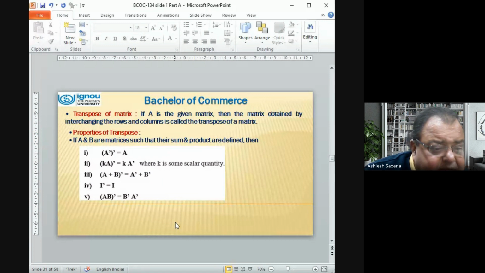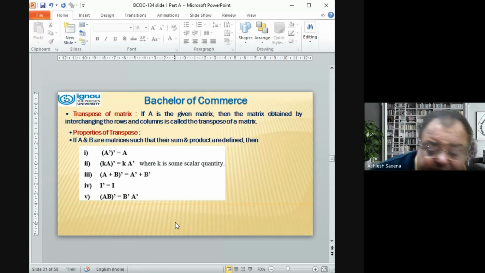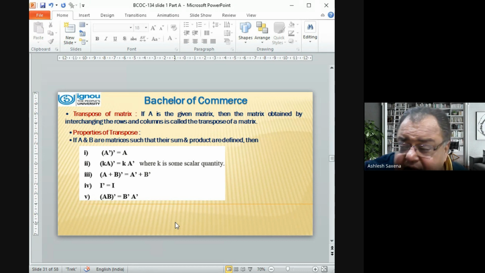What is meant by transpose of a matrix? You are aware that horizontal elements are rows and vertical elements are columns. In transpose, rows are converted into columns.